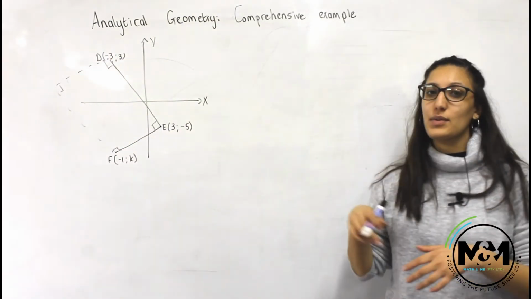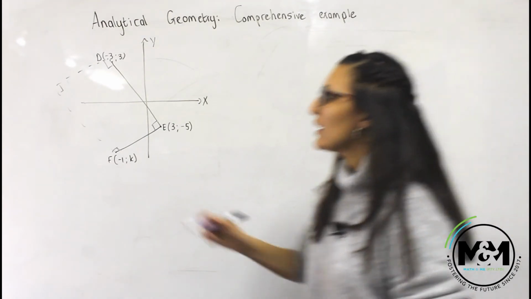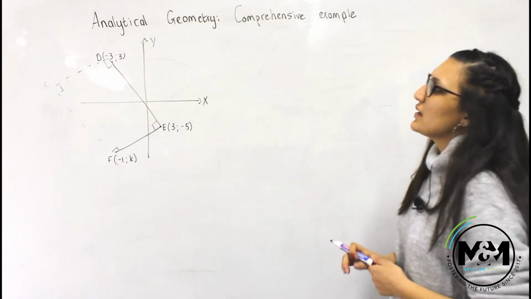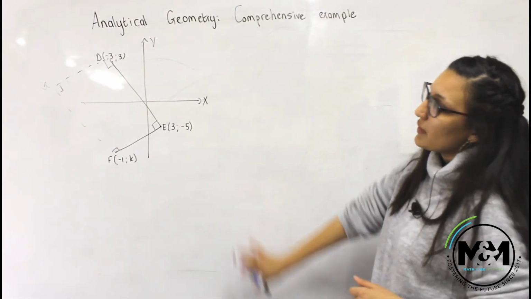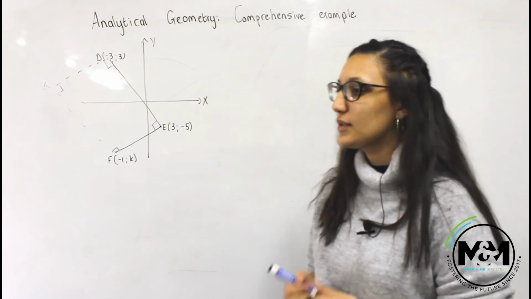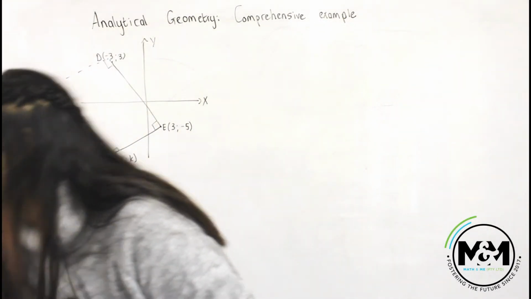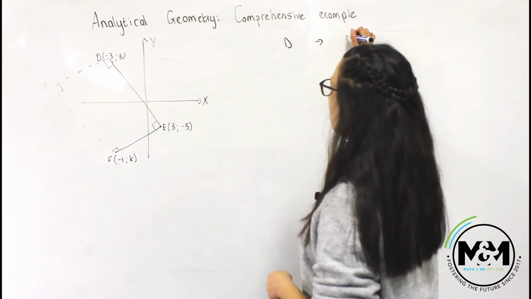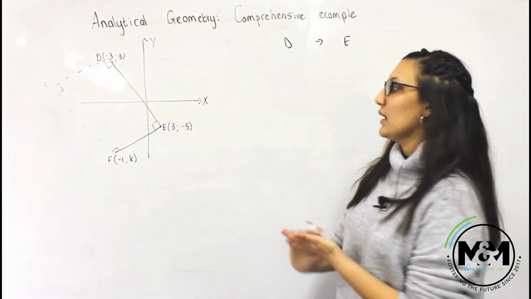Okay, so I'm going to find the coordinates of G by inspection. I'm going to look at the translation from D to E, or you can look at the translation from E to F. My translation from D to E, that's what I'm going to go with.